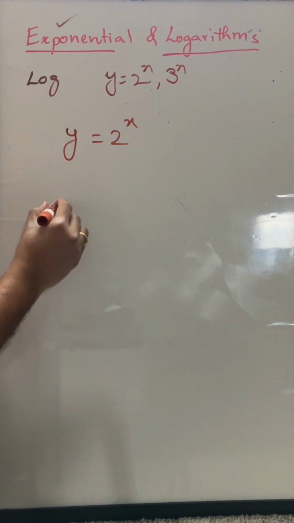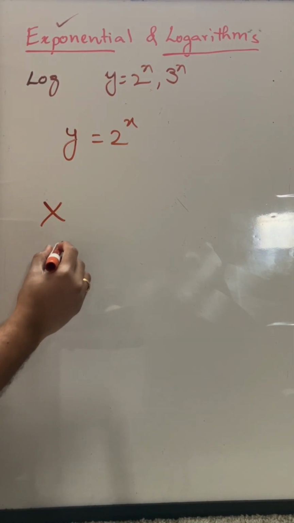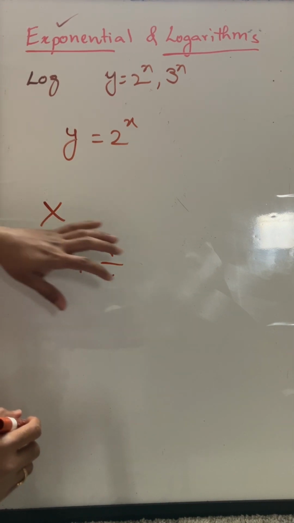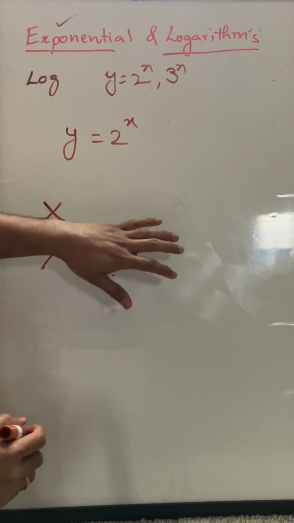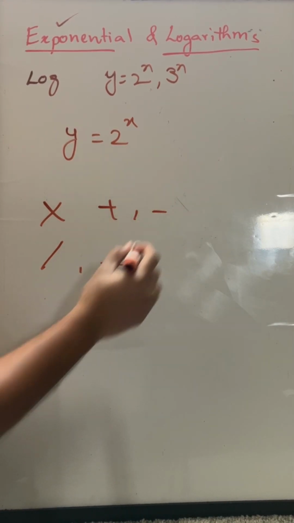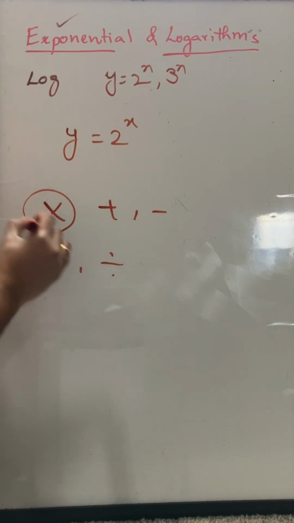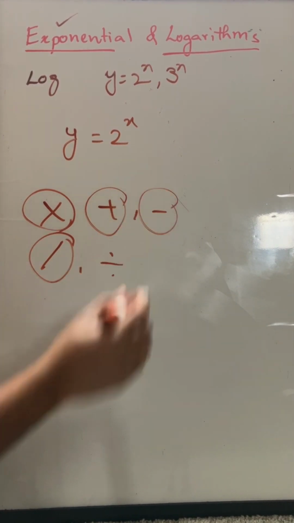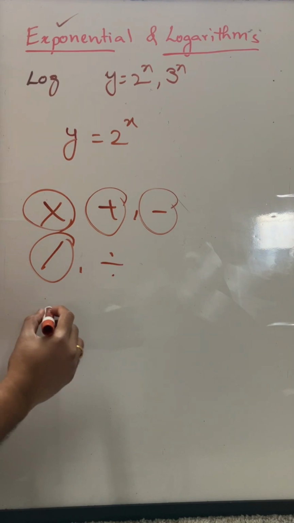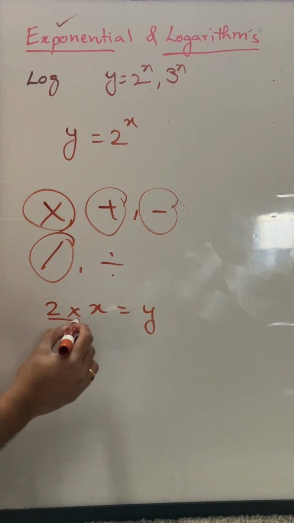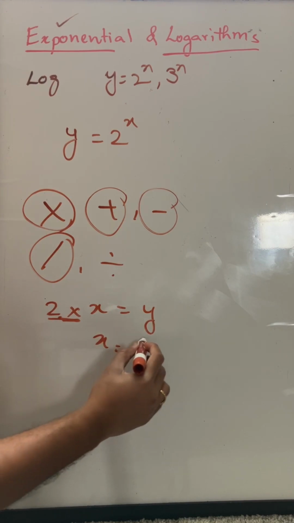These are symbols, right? Plus, minus, multiplication, divided by, all these are symbols. So when 2 into x equal to y, since it is multiplying here, it will go to the other side and become division.